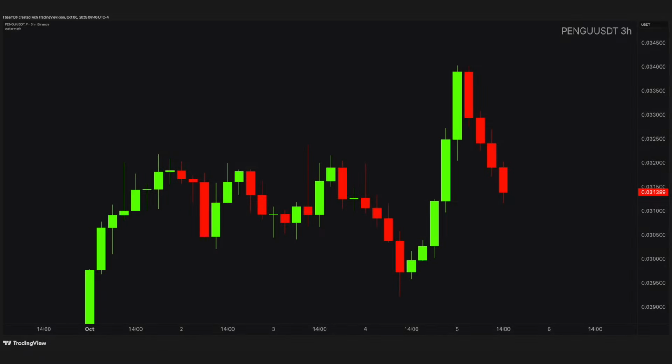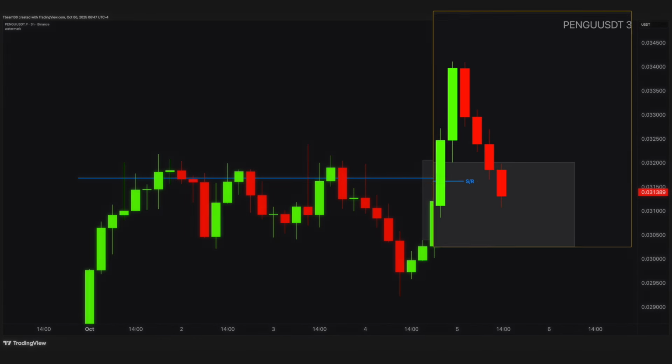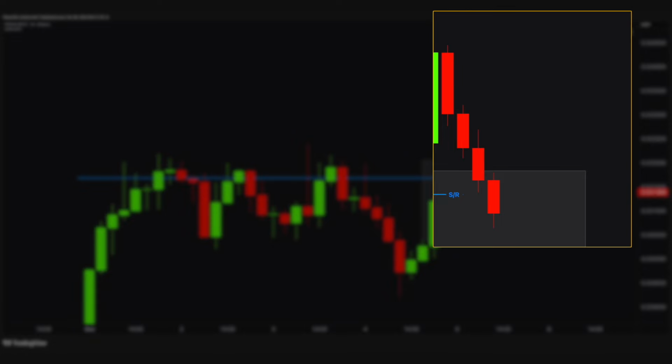For example, let's take a look at this chart on one of the early time frames. If you notice, we've got a really strong imbalance area that connects perfectly with a clean support and resistance flip zone. However, if you pay attention to the most recent price action, you will see that the price is crashing hard with massive red candles.